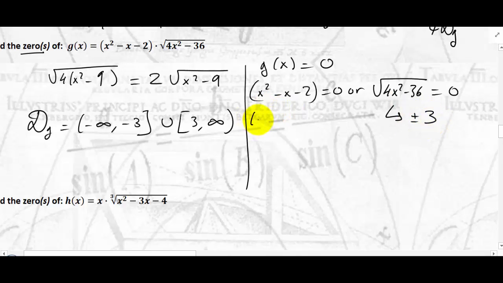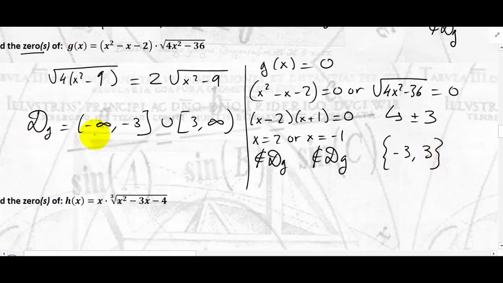This right here factors as x minus 2 times x plus 1 equal to 0. So we would have x equals 2 or x equals negative 1. But none of these is in the domain of g. Therefore, I only have 2 zeros, negative 3 and 3. That's it. Only 2 zeros there, okay?